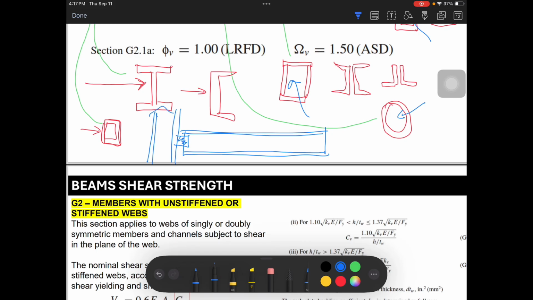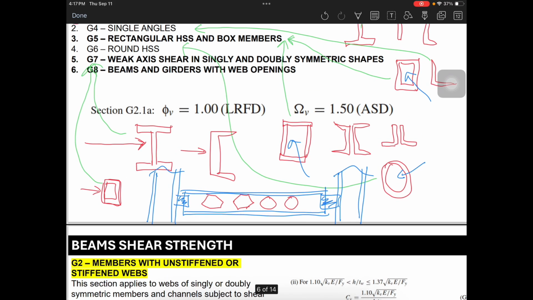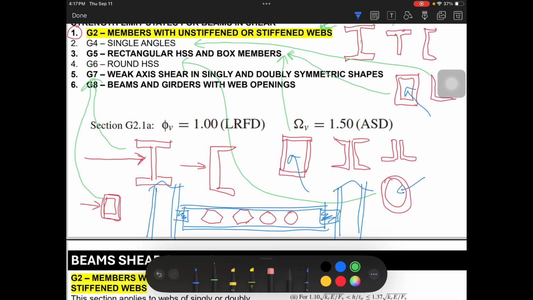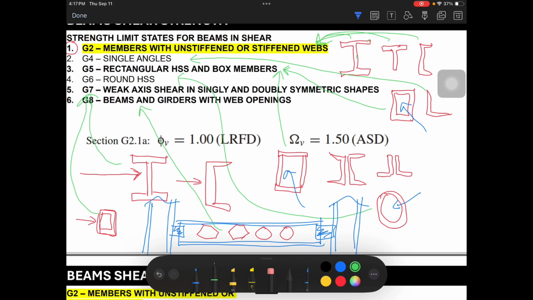And then, ito yung isang column sa kabila. And yan, kukonect siya doon. May mga cases na binubutasan kasi dito, diba? Kaya, bilog ang butas. So, kapag ganyan ang beam mo, may web openings along its length sa web part niya. So, ang design mo will follow G8. Okay? But for our course, we will just deal about G2.